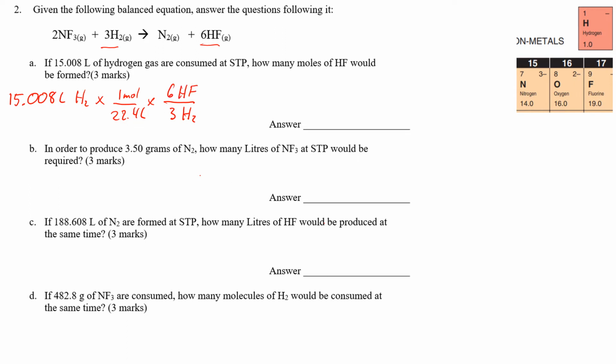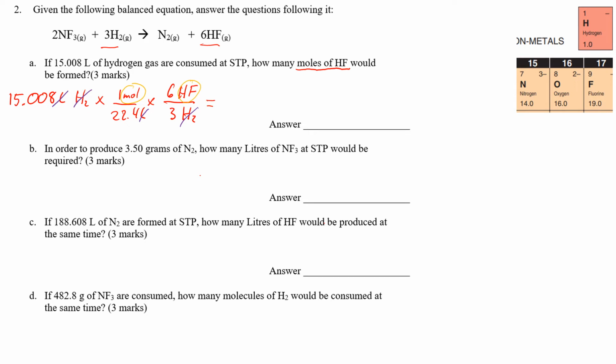So it's a 6:3 ratio. Now I'm in moles of HF, and that's what I want. Just a unit check: liters cancels with liters, hydrogen cancels with hydrogen. The only thing left is moles of HF, and that's what I want.